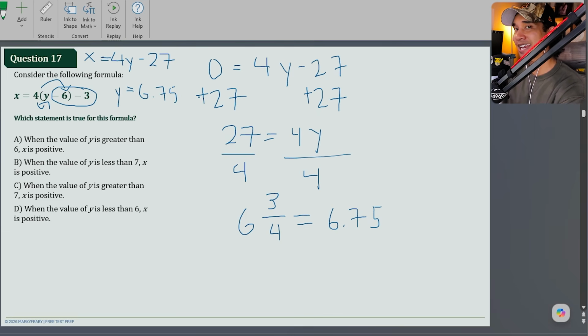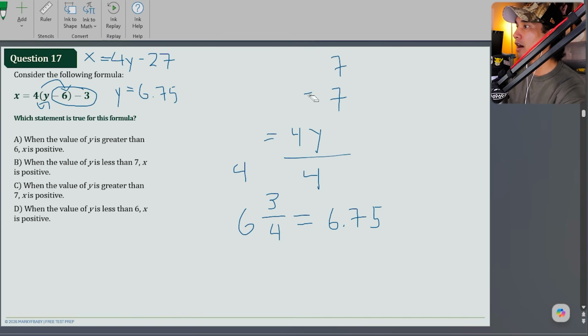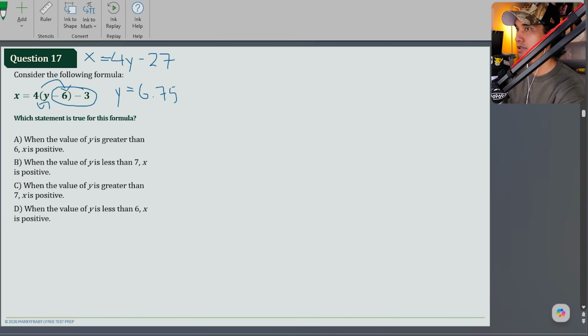That's when a change happens to the line, okay? Let's see what happens when we choose a number above the cutoff. This is where we choose easy numbers. So let's choose a number above the cutoff, which is y equaling 7. So this is greater than 6.75, okay?